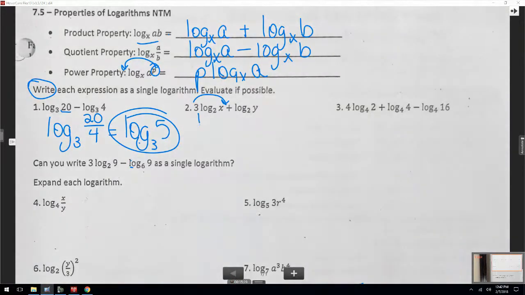So we've got log base 2 of x to the third plus log base 2 of y. Very good, because when we're adding the two logarithms together, to smush them together as one logarithm, we would multiply, right? So that'd be log base 2, x to the third, y.